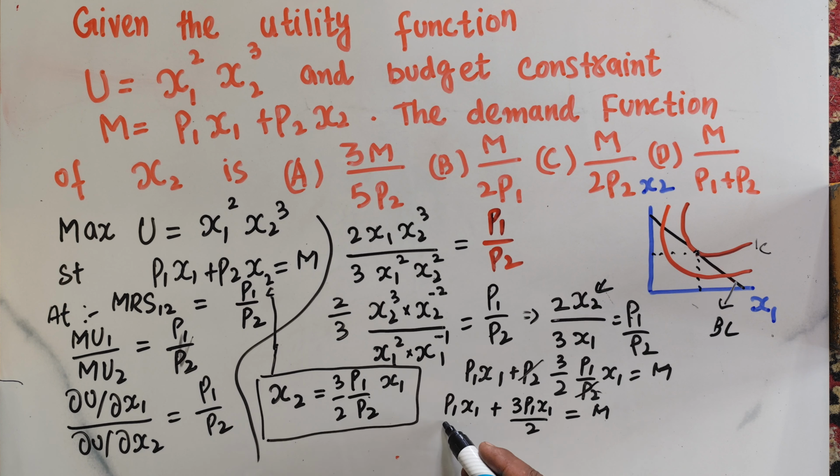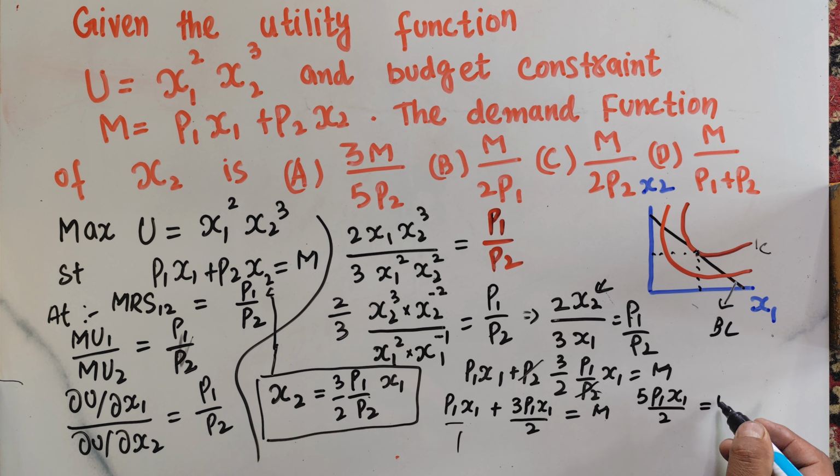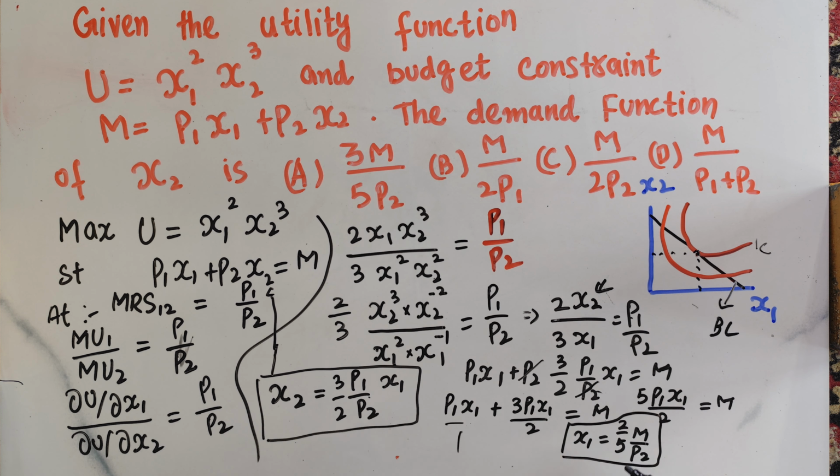Doing the cross multiplication, we have 2 p1 x1 plus 3 p1 x1, so it becomes 5 p1 x1 divided by 2 equal to m. Let us solve it for x1. We have m, and transposing, it becomes 2 upon 5. Since p1 is in the numerator, it goes to the denominator. So this is the demand function for good x1.